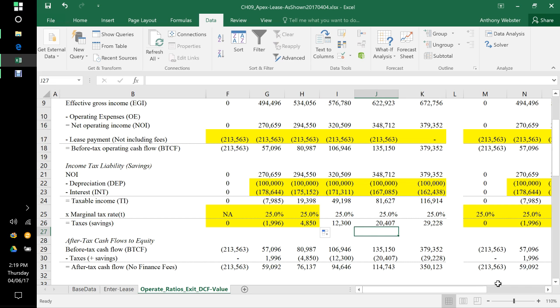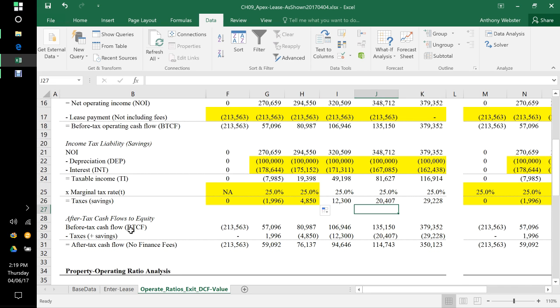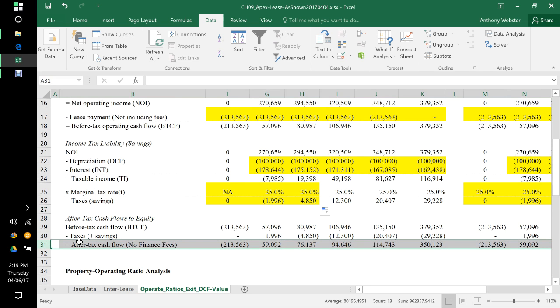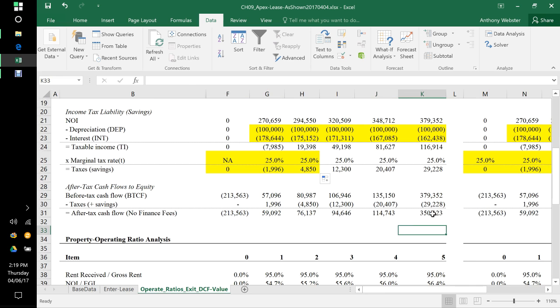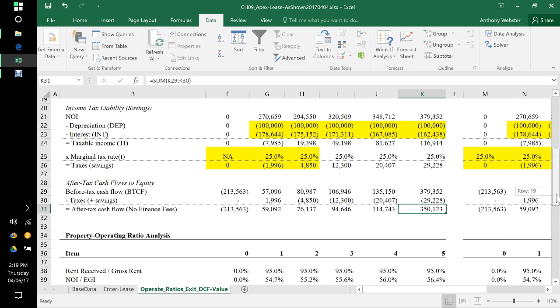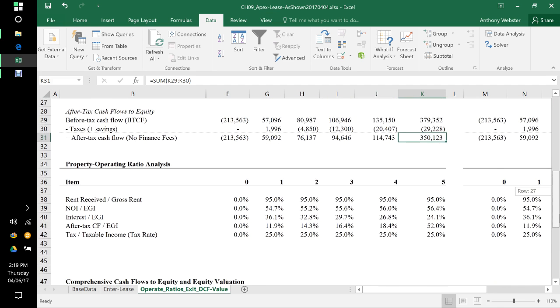We've got all our taxes filled in, and that allows us, exactly as we did with the case of a mortgage, to get our after-tax cash flows from operations to the sponsor. Notice again, we have the big blob here at the end, and the reason for that is we're not making a lease payment at the end of year 5 for the use of the property in year 6.